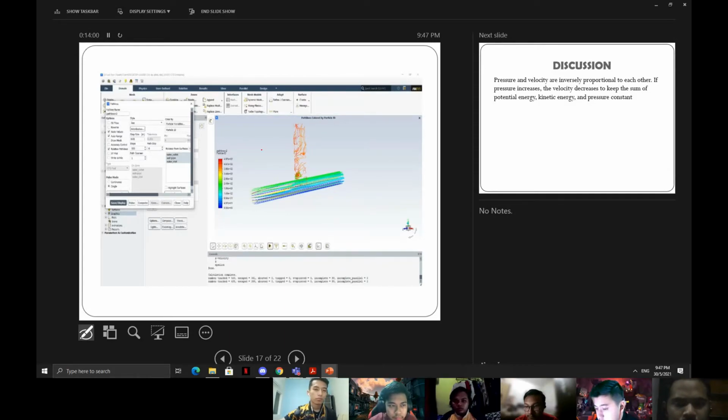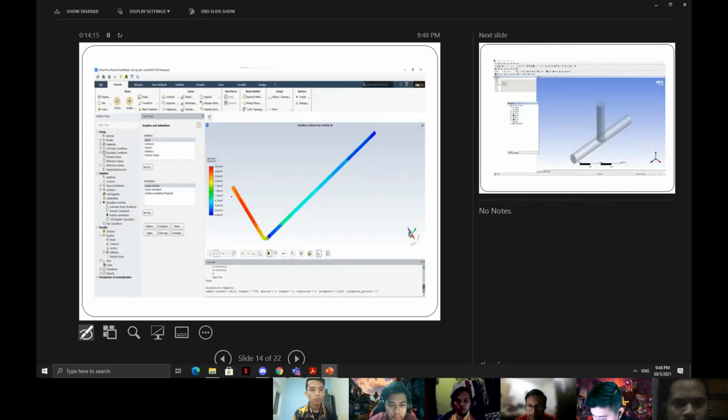Like I said, the sketch might be broken because the flow is not correct like this. The correct one is the 90-degree pipe because the color of the flow is full. That's all from me.